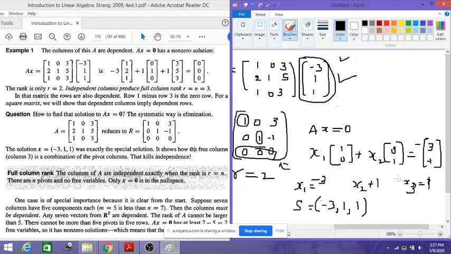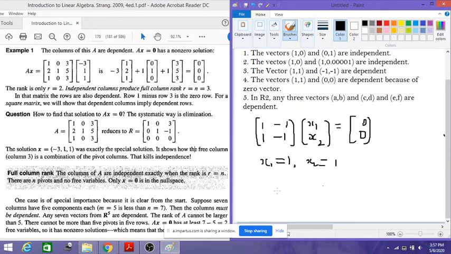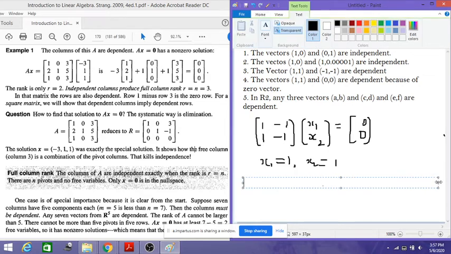So now let us look into one more final definition, then we'll wind up this session. The full column rank of A is independent exactly when the rank r is equal to n. So let me write the definition of full column rank here.